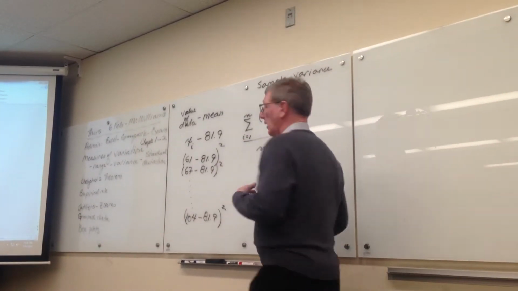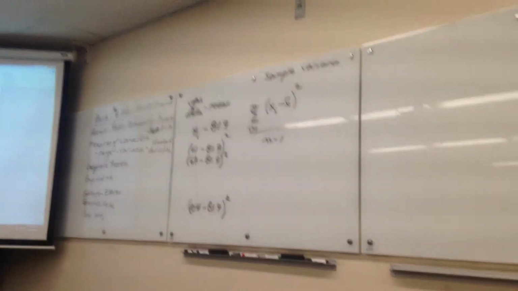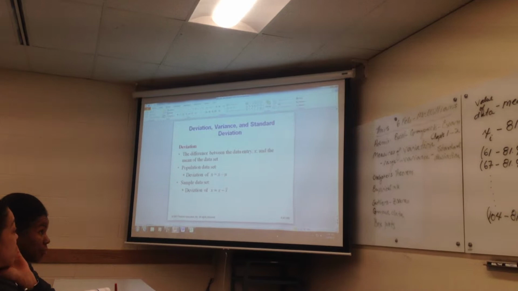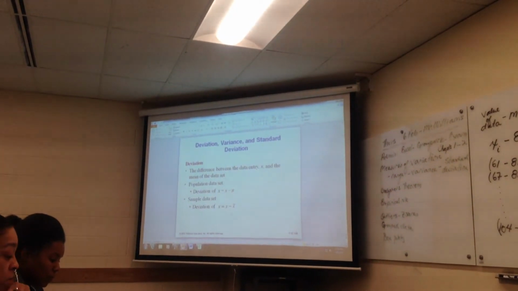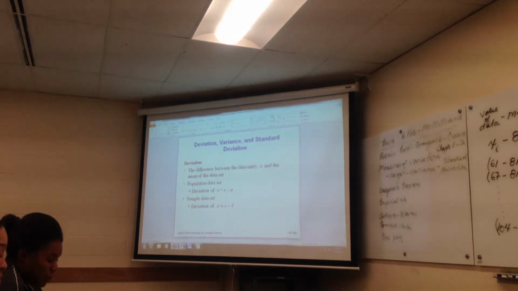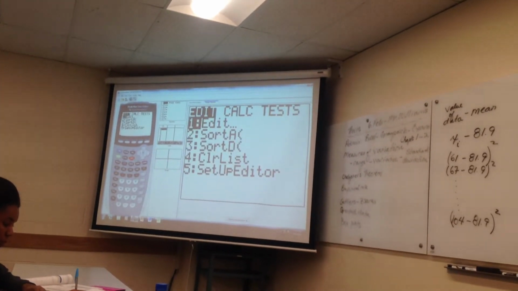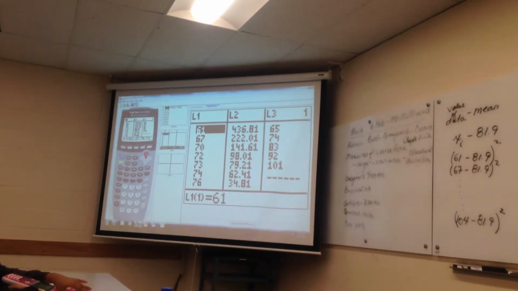All right, so let's figure ours out. I do not want you to do this calculation 30 times by hand, okay? So I don't know if you have your data still in the calculator from last time or not. I am fortunate, I do.